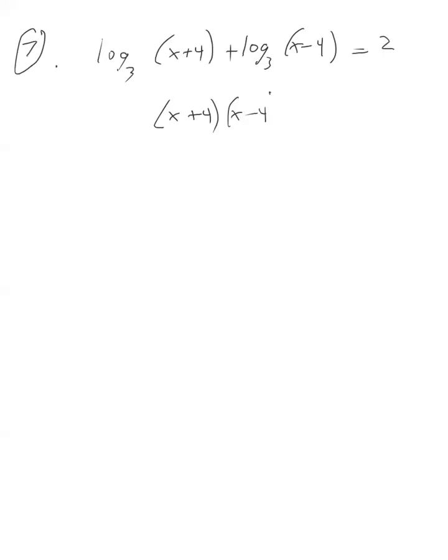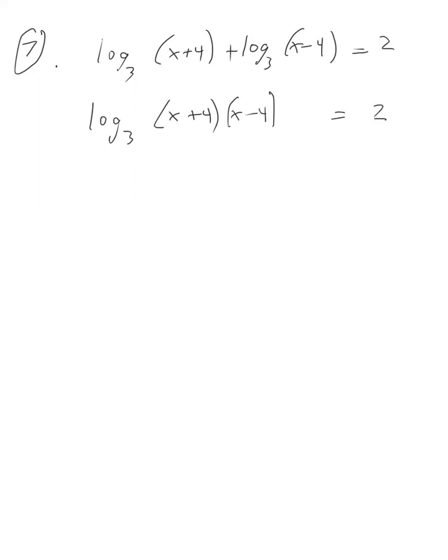Like this. If the logarithms are subtracted, the way to join them together is by dividing the two values. So in this case, they're added, so you change the addition of two logarithms to be one logarithm that has them multiplied together.